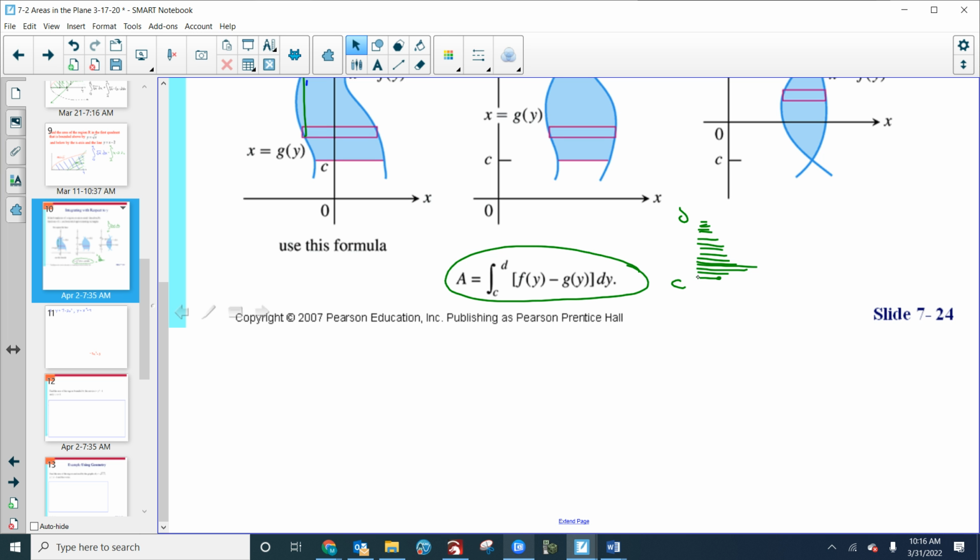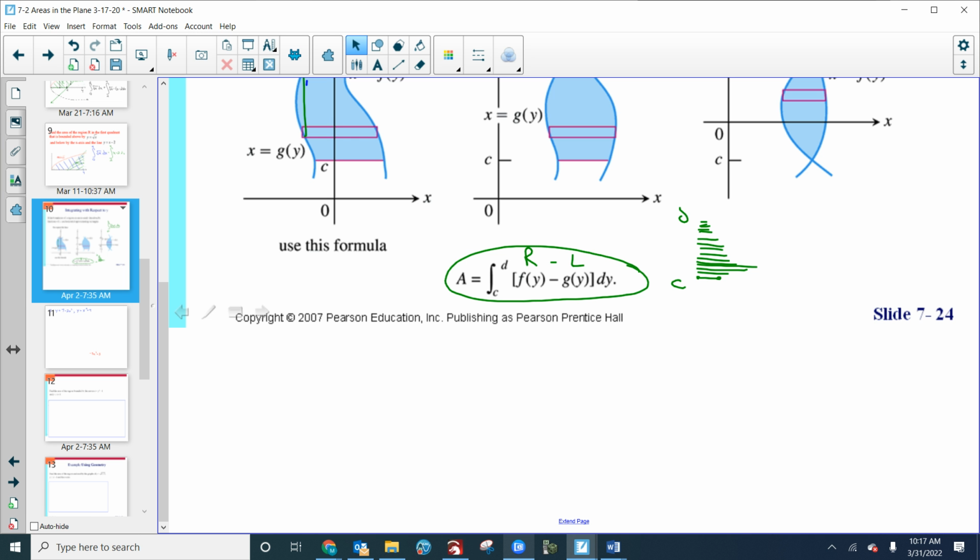Isn't it not top minus bottom? Now it's right minus left. Do you agree? So isn't f of y the greater function, the right function, and isn't g of y the left function or the lesser function? Or really, I'm using the word function. You guys know what I mean. Relation. Doesn't have to pass a vertical line test.